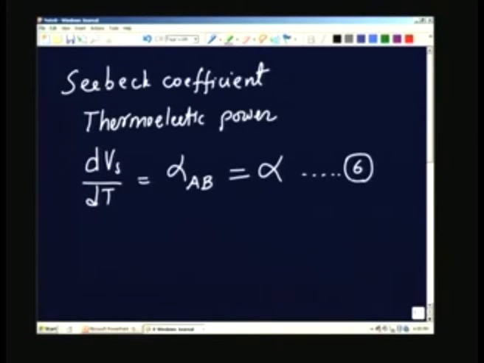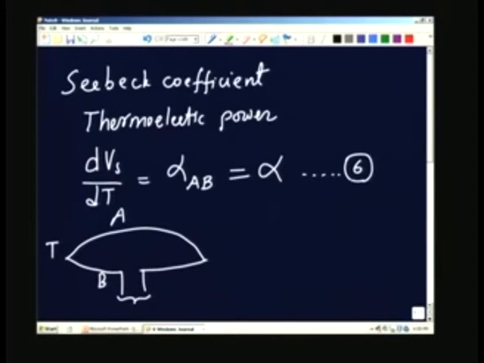So, now I am defining dVs by dt as alpha. Let me just digress a little bit and try to give a meaning to this. Suppose I have the following circuit. This is A, this is B, the Seebeck voltage is going to appear there.